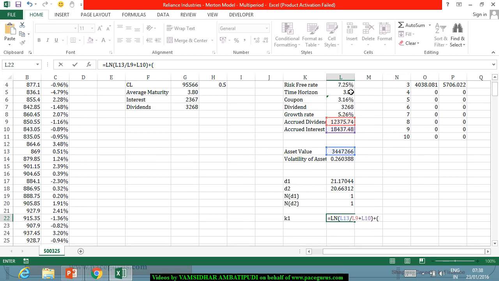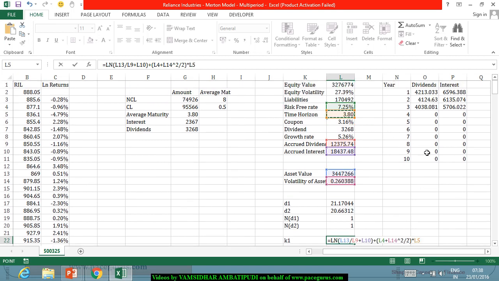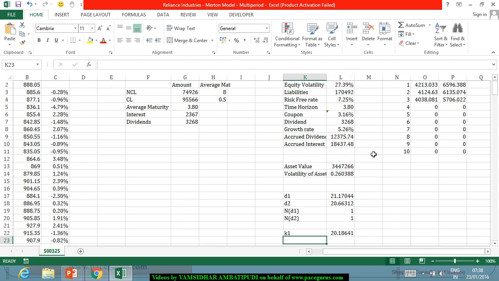R plus sigma squared by 2 times T minus t, divided by sigma square root of T. So this is working out to be my K1.